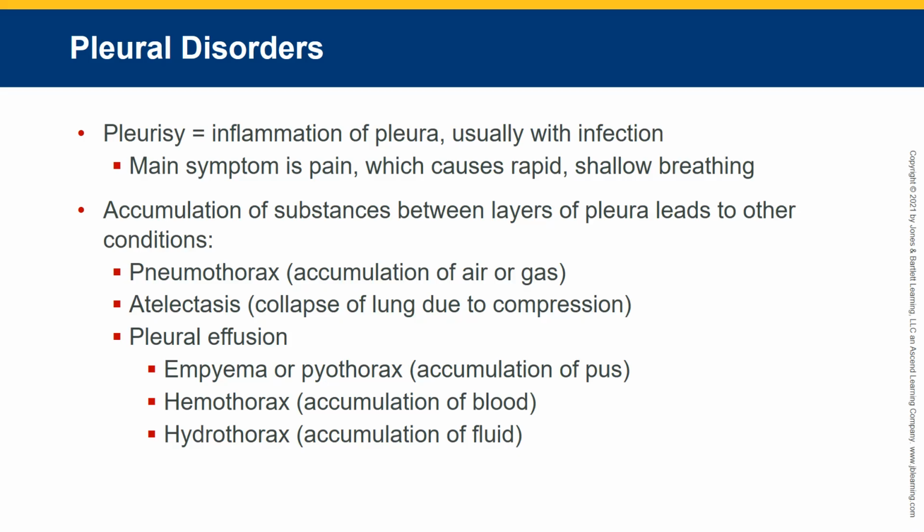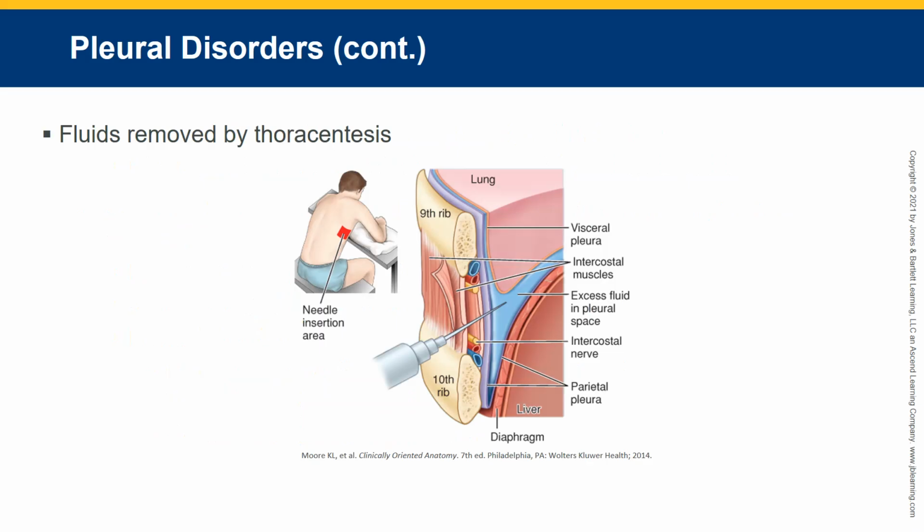Atelectasis is the collapse of a lung. Pleural effusions are accumulations of different things like infectious pus, white blood cells, bacteria, blood, or other fluids.